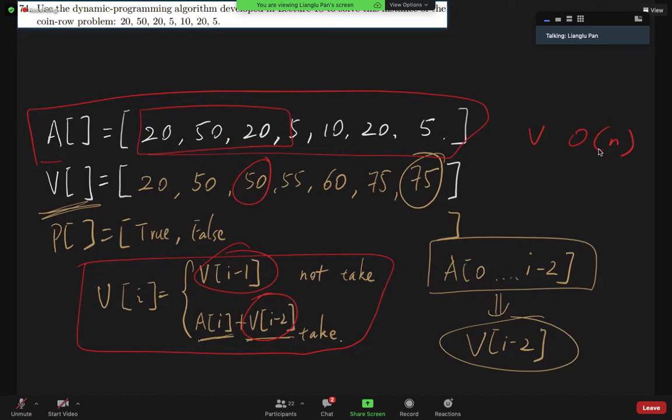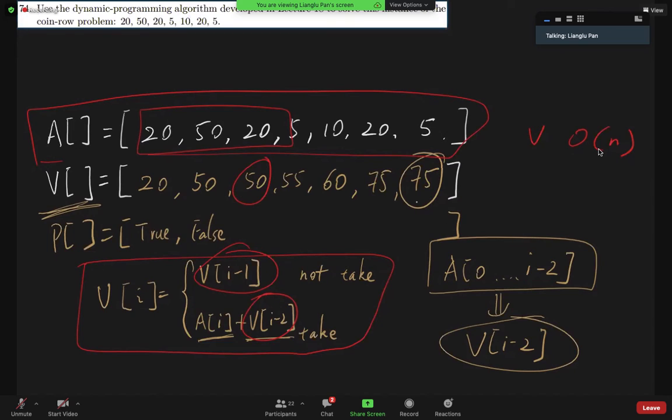And for the other scenario, when we are taking the coin, we are accessing one element in the array A, accessing another element in array V, and adding them together. And we simply compare these 2 scenarios to find a larger value and fill it into that cell. So for each cell in the array V, we only take constant time to find this value and then store it.